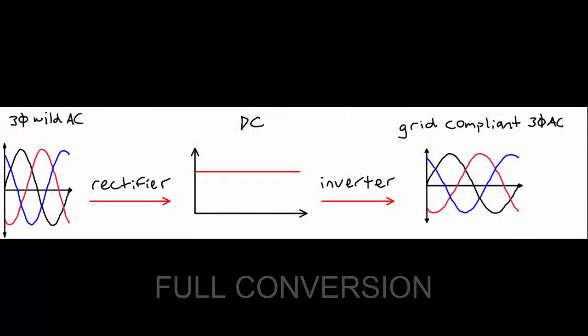Permanent magnet synchronous generation with full conversion is performed on some wind turbines where varying speed wind produces three-phase wild AC, i.e. electrical energy without regard for voltage, frequency, phase shift, or phase sequence. This three-phase wild AC is completely converted into DC and then again completely converted into grid-compliant three-phase AC with the appropriate voltage, frequency, phase sequence, and phase shift for export.